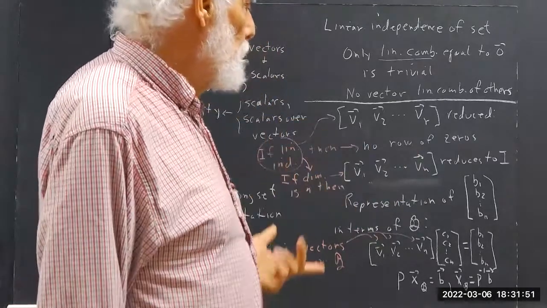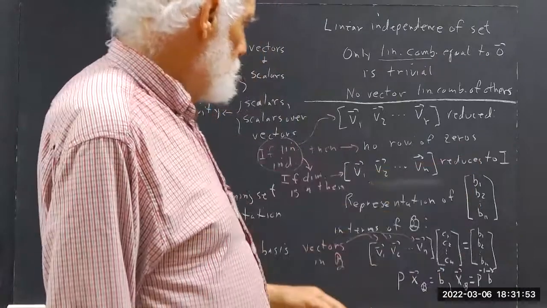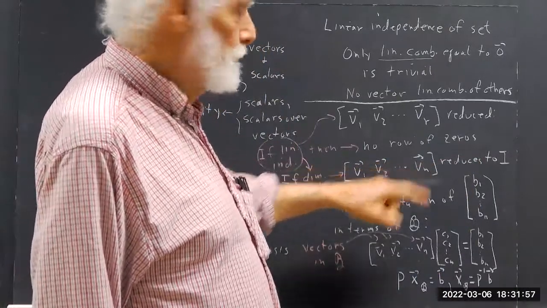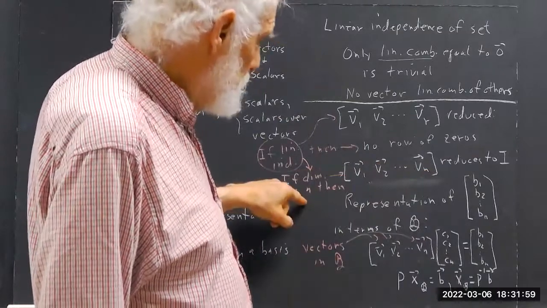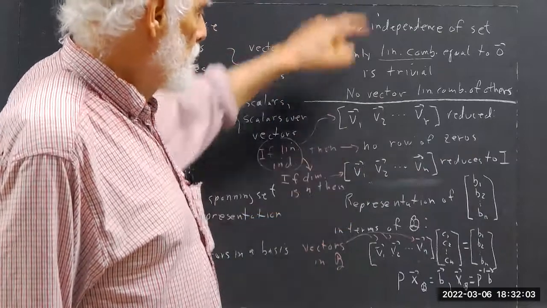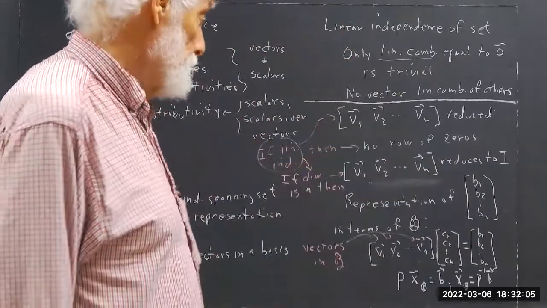How do we represent a vector in terms of a set of linearly independent vectors in an n-dimensional space, meaning that these vectors form a basis?